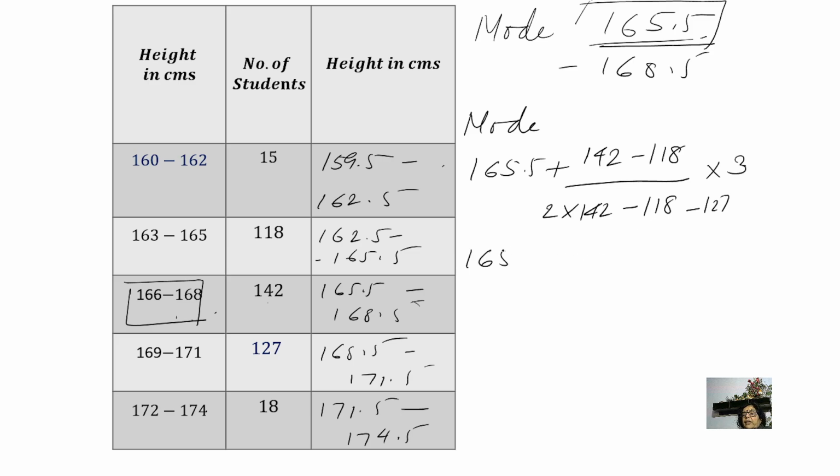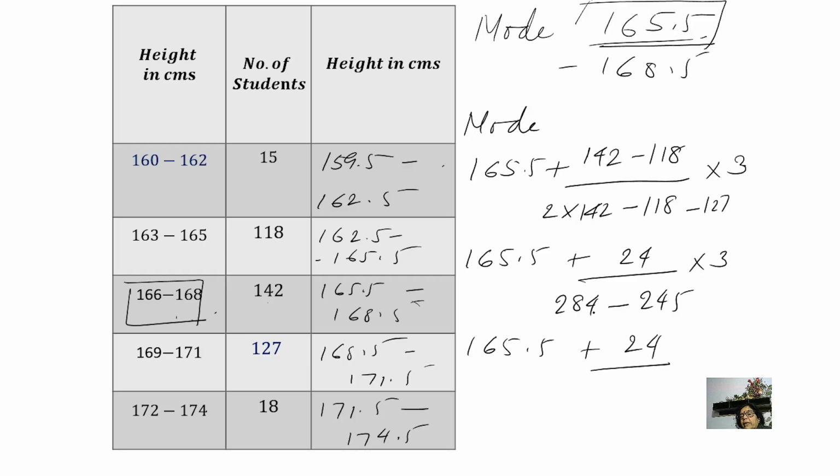So this becomes 165.5 plus 24 divided by, this is 284 minus 245 into 3. So this becomes 165.5 plus 24 by 284 minus 245. So if we subtract, we'll get here 39, into 3. So this becomes 3 into 13, 165.5 plus 24 divided by 13, that is 1 point.